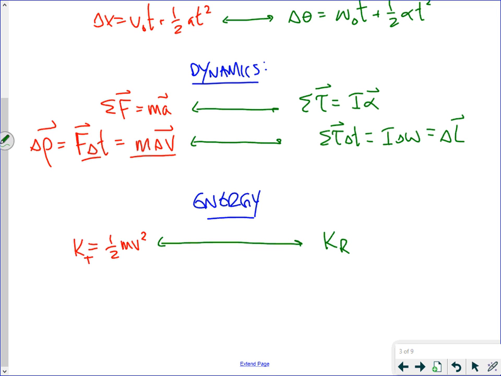Here we have K rotational, 1/2 I omega squared. What we're trying to show you here is another analogy that we can draw between linear stuff and rotational stuff. This is about filling out that set of tools we have.